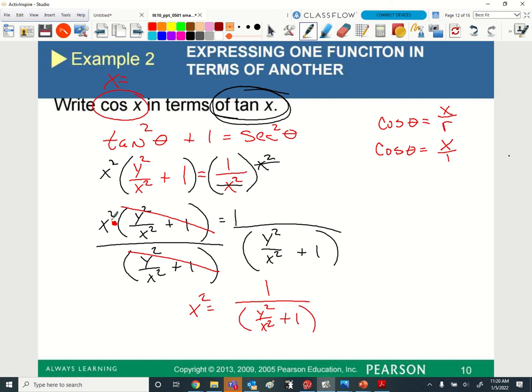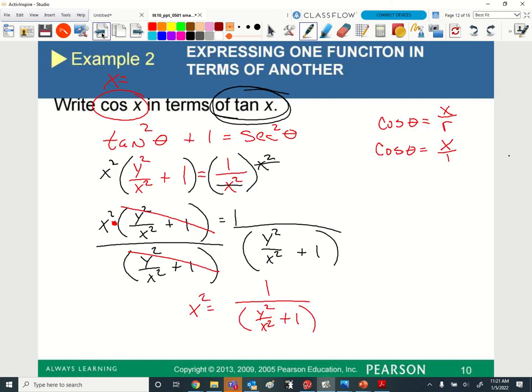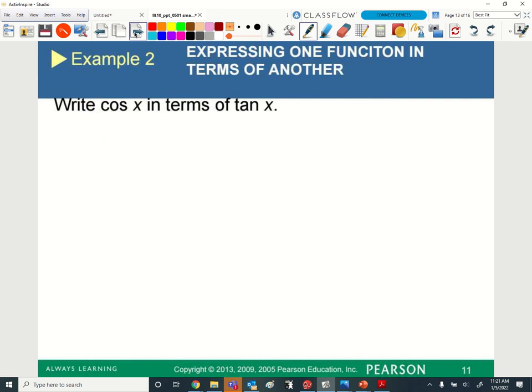So let's see, do I have another page over here? Yes, I do. I'm going to go to that one because I don't want my work to be messy. Now, we're going to square root both sides, but when I square root, what can I not forget?